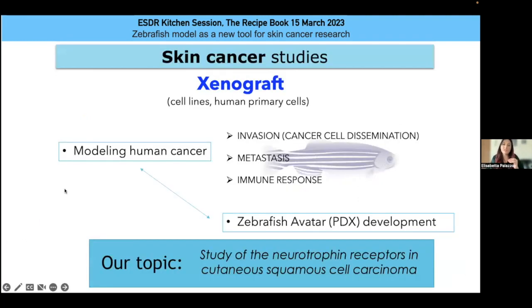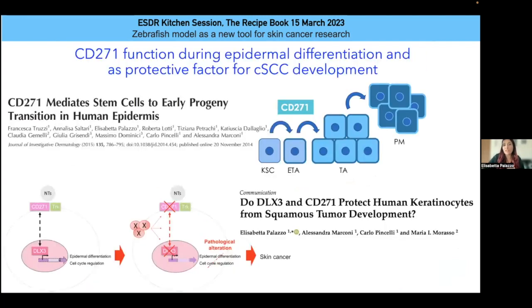Now let me give you some examples using one of our topics, which is the study of the neurotrophic receptor in cancer, here specifically in cutaneous squamous cell carcinoma. CD71, for those not familiar, is the common neurotrophic receptor. We found that it has a function during epidermal differentiation, and it could act as a protective factor for SCC development.